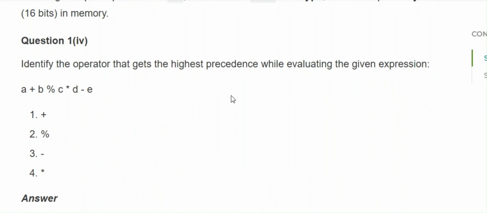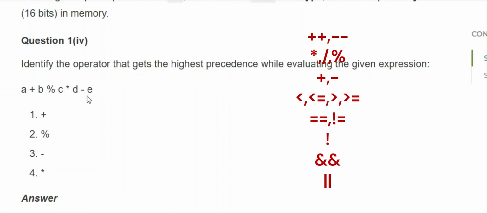Let us go to the next question. This question is on operator precedence in Java. In Java, operators follow a specific order of precedence. First increment, decrement, then multiplication, division, and modulus, then addition and subtraction, then relational operator, and then logical operator.